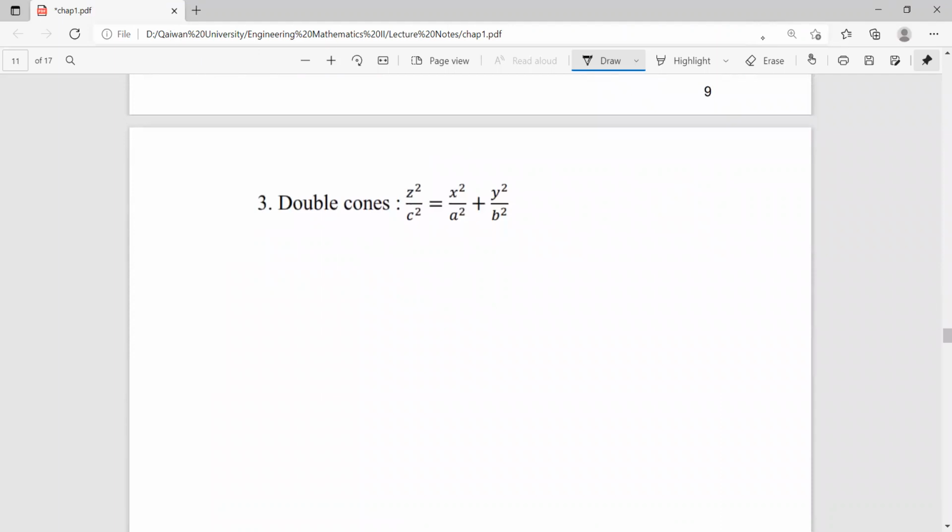And the double cone is the same as the previous one, but here we have double cones, one up, one down.